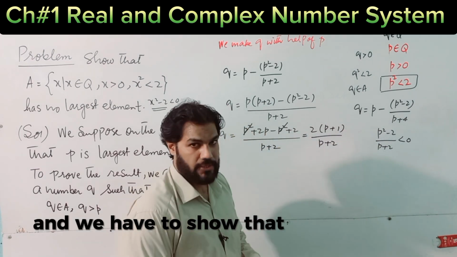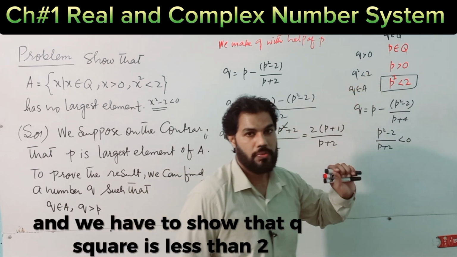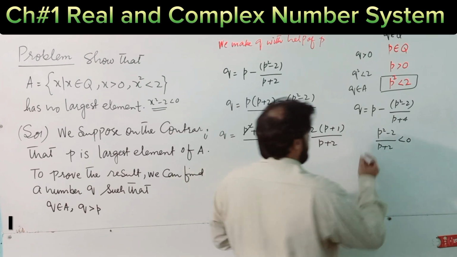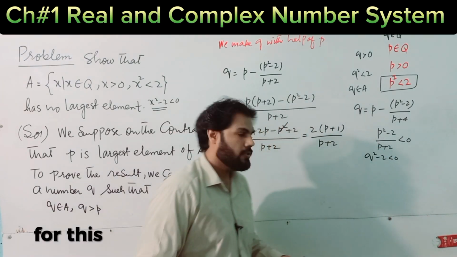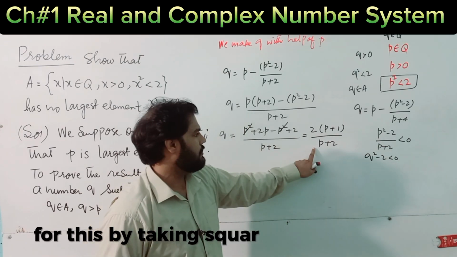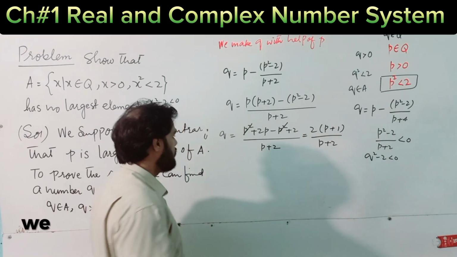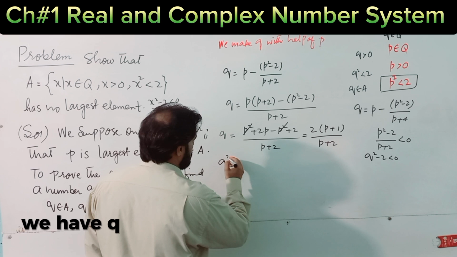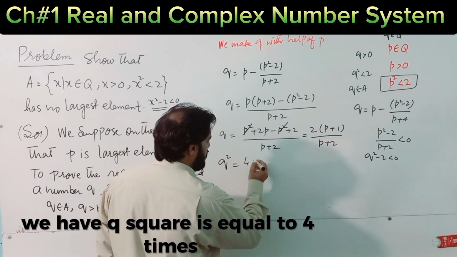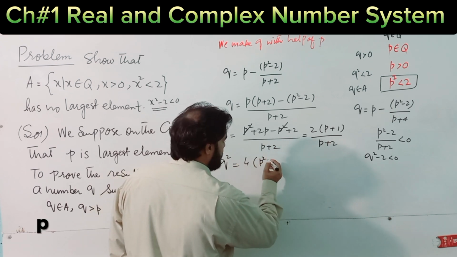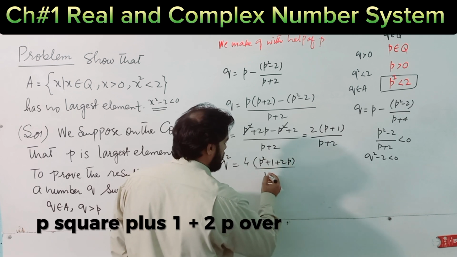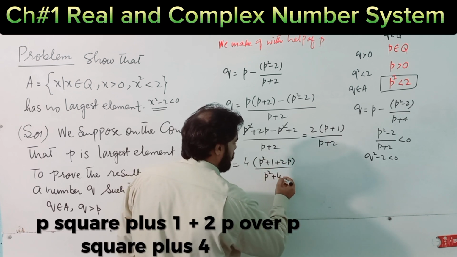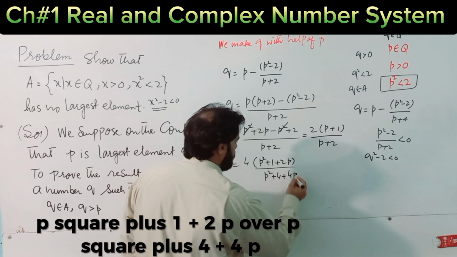As we have to show that q square is less than 2, or in other words, I have to show that q square minus 2 is less than 0. For this, by taking the square of q, we have q square is equal to 4 times p square plus 1 plus 2p over p square plus 4 plus 4p.